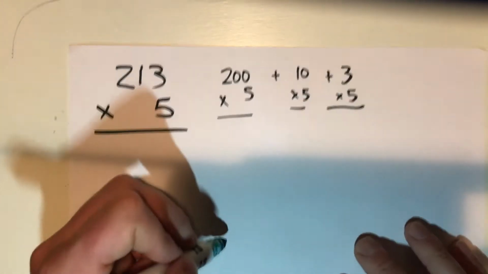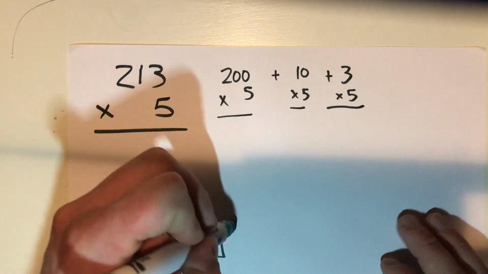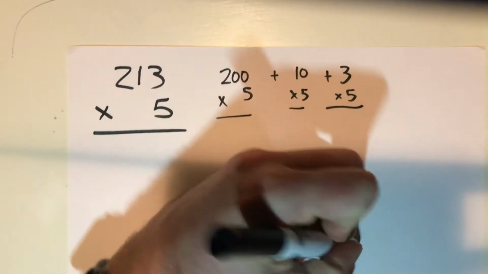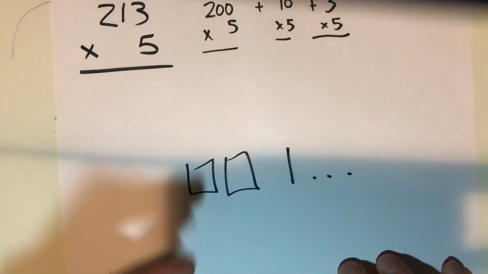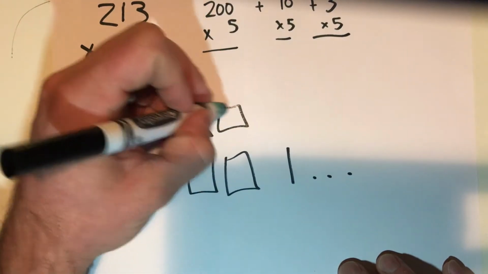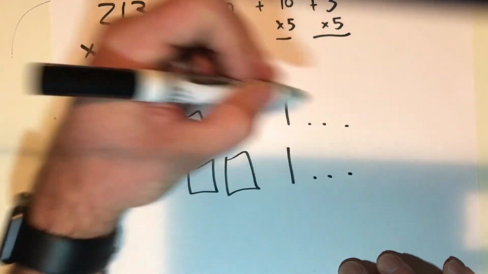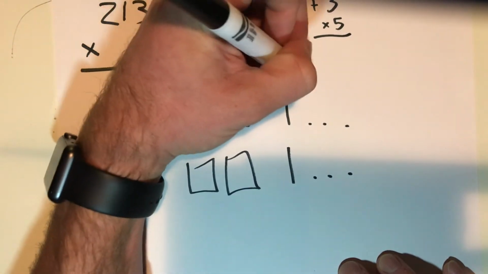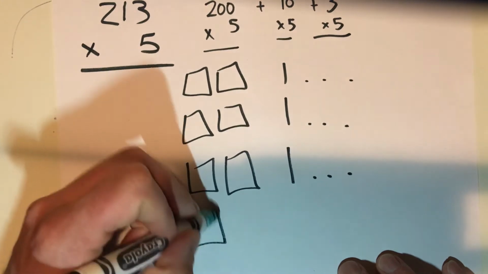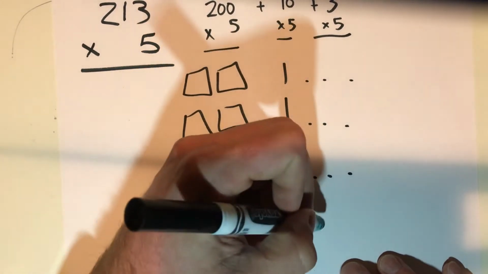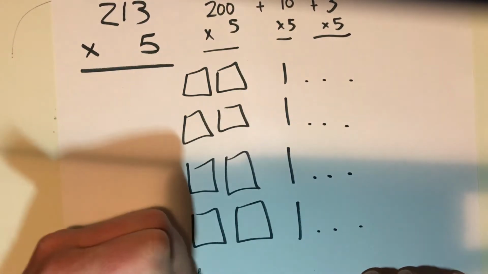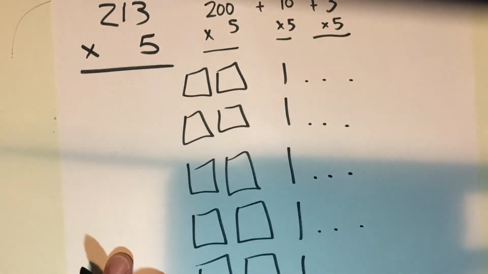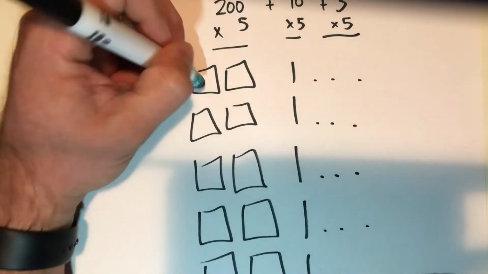Now, if you want to see 213, 5 times, I'll draw that quickly. There's our hundreds, there's 10, 1, 2, 3. So there's 213 in base 10 blocks. We're going to draw 5 of those. So now we can look at this and remember that these are all hundreds.